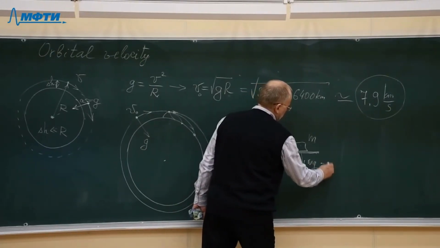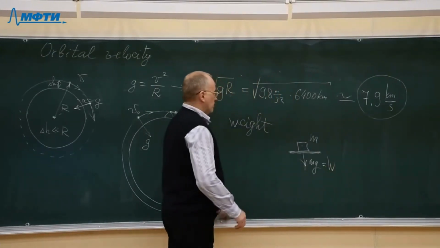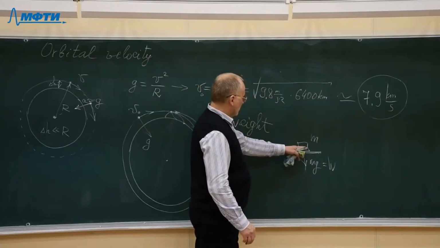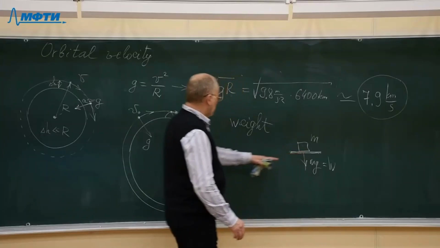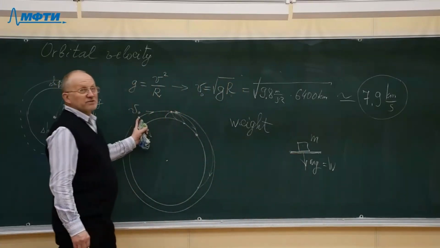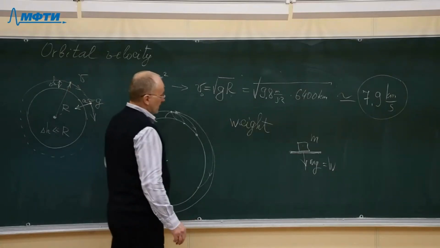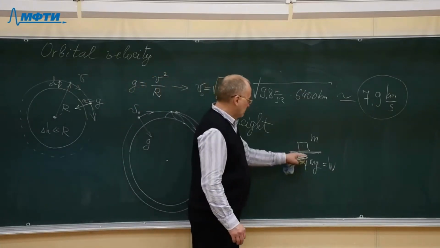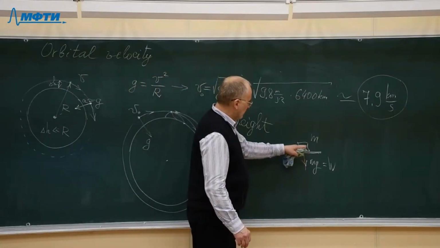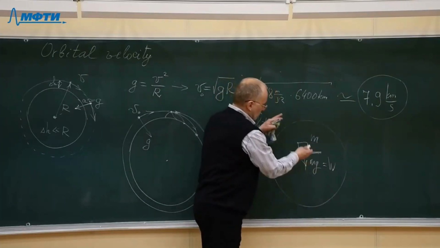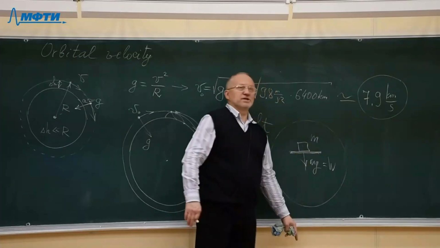So if you try to weigh an object on the balance inside the spaceship, then both the balance and the object and the spaceship itself will move with the same acceleration to the center of the planet.